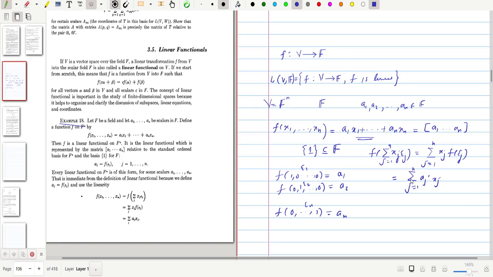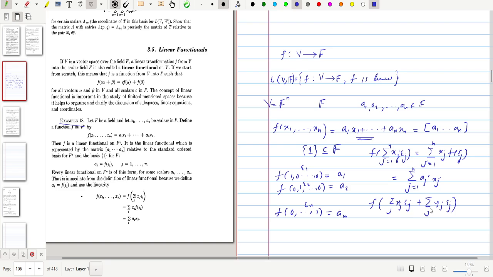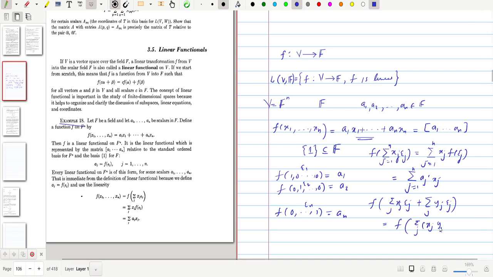Now you can prove that f is linear using f of the summation of xj epsilon j plus the summation of yj epsilon j. So these are (x1, x2, ..., xn) plus (y1, y2, ..., yn). Then this can be written as f of the summation over j of (xj plus yj) times epsilon j.